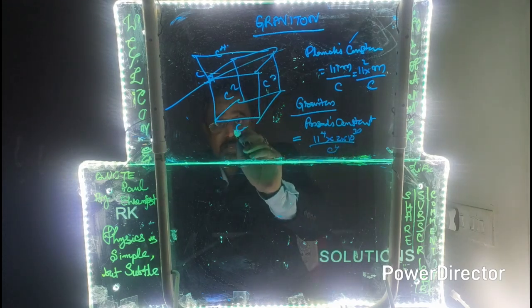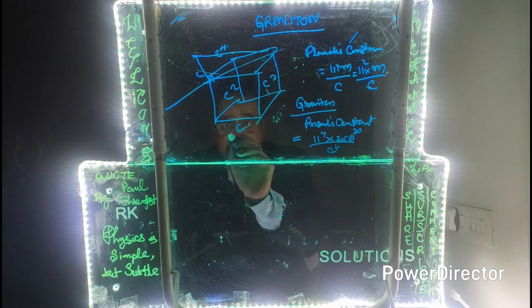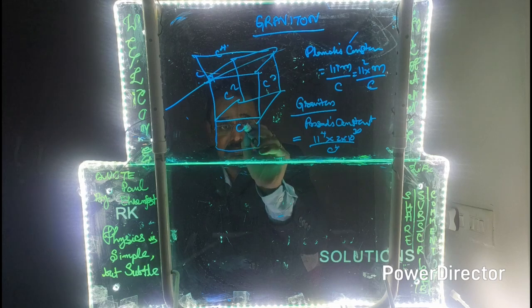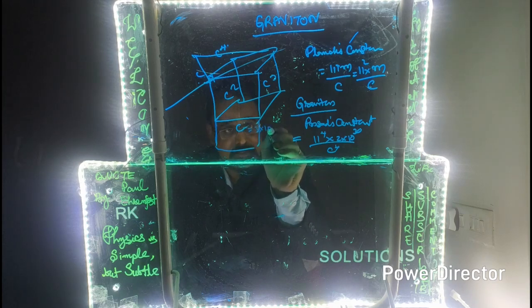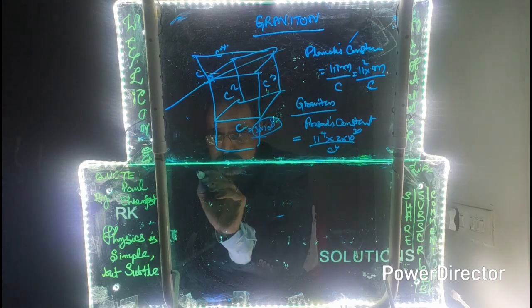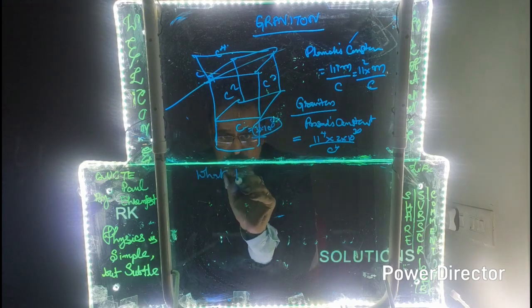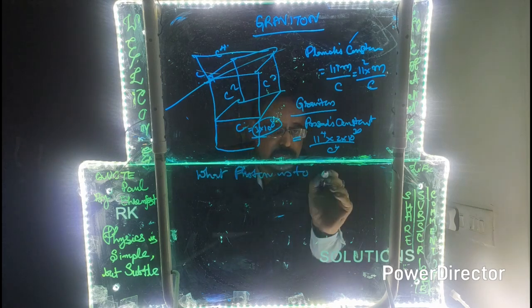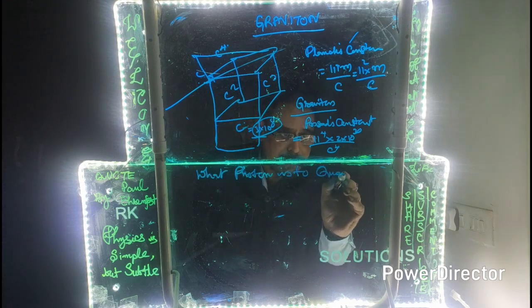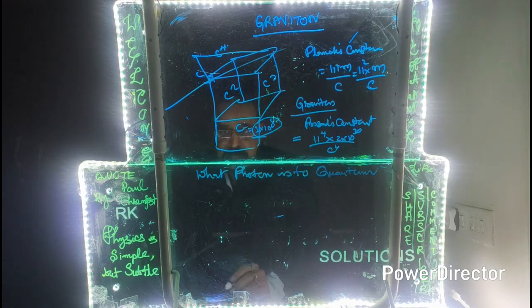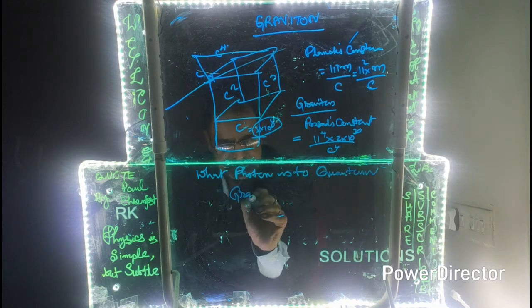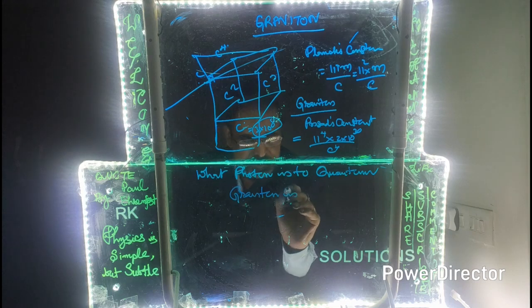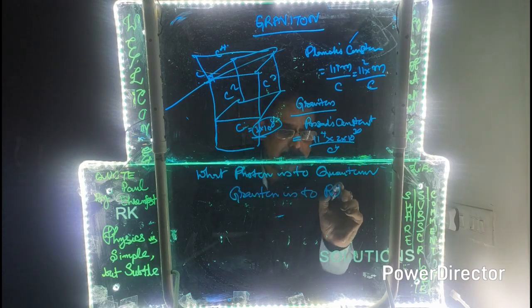So here, if you draw the lower one, C is 3 into 10 raised to 8. As photon is to quantum, graviton is to electron.